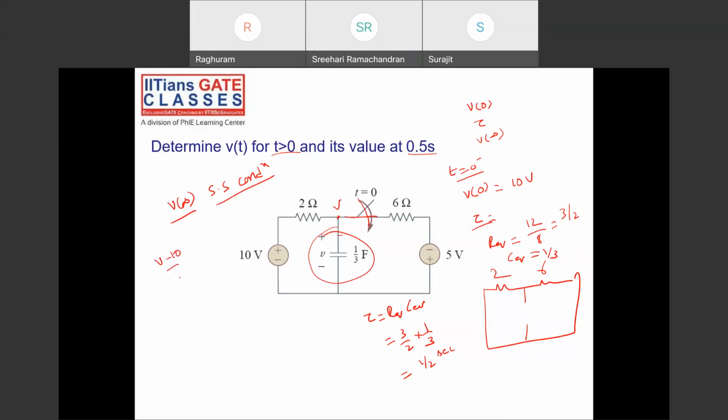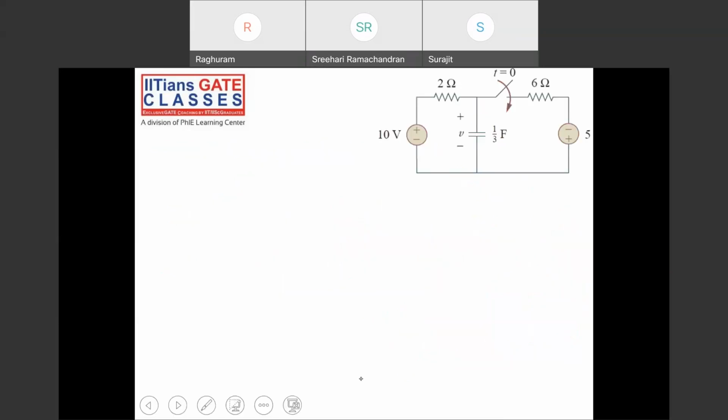V minus 10 by 2 plus V plus 5 by 6 is equal to 0. Okay, V by 2 plus V by 6 is equal to 10 by 2, which is 5, minus 5 by 6.